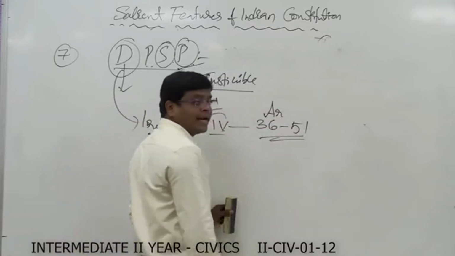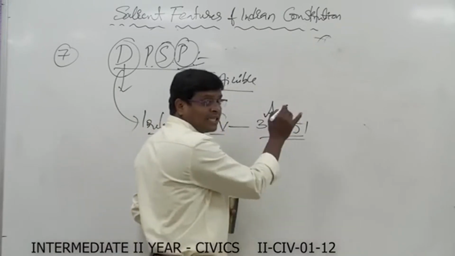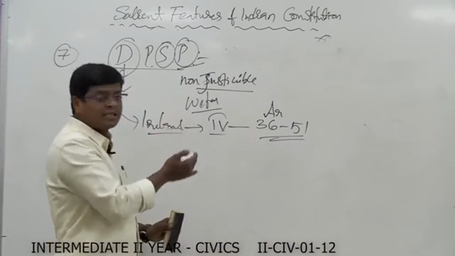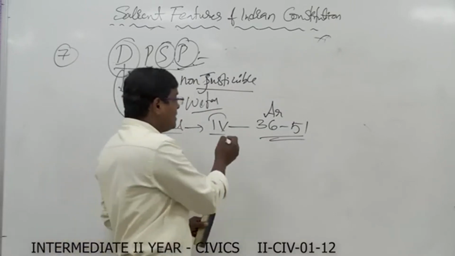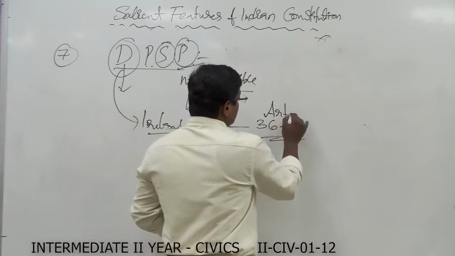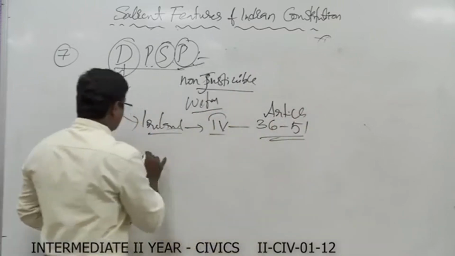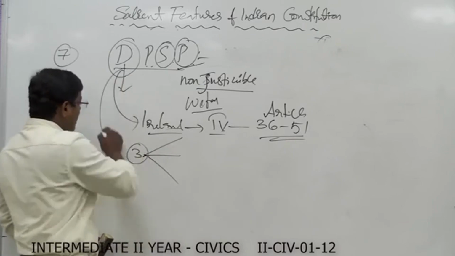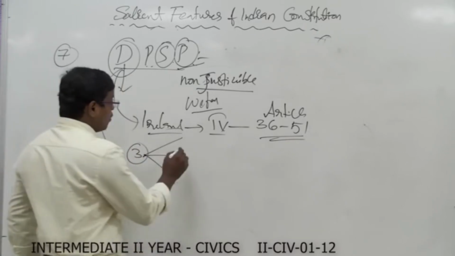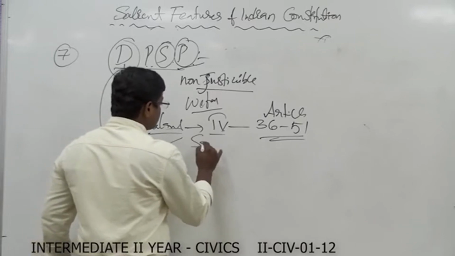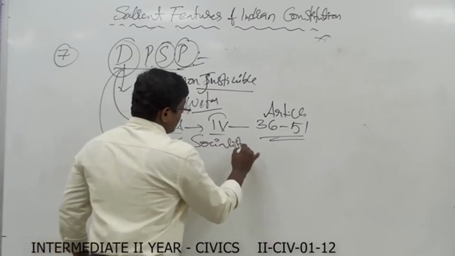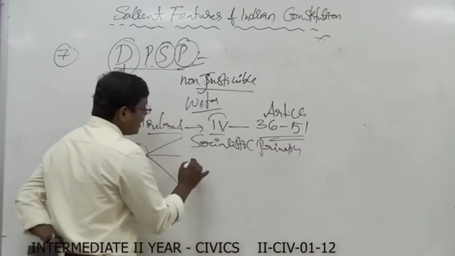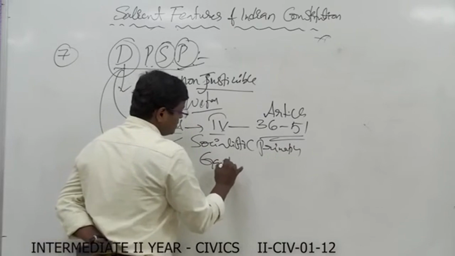There are some directive principles which are directives to the government of India for making welfare schemes and welfare policies. These directive principles are classified into three categories. One is socialistic principles. Another one is Gandhian principles.